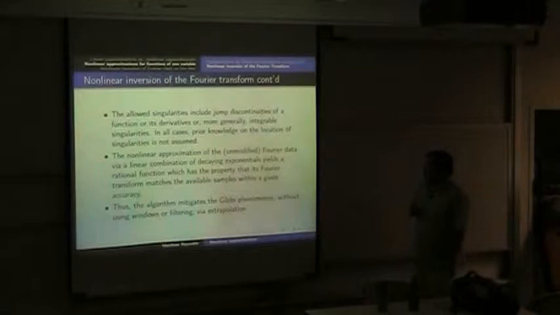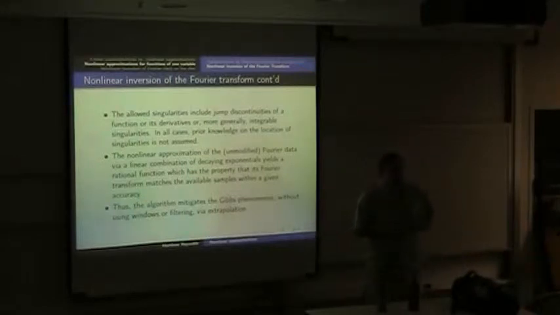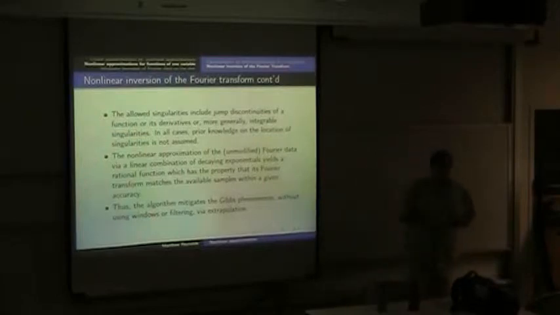And the idea behind this is that we're going to use the nonlinear approximation that we just learned, except on these given Fourier data. And what's nice is that if we approximate these Fourier data with decaying exponentials, that's going to give us an approximation of a function in the space domain by a linear combination of rational functions.